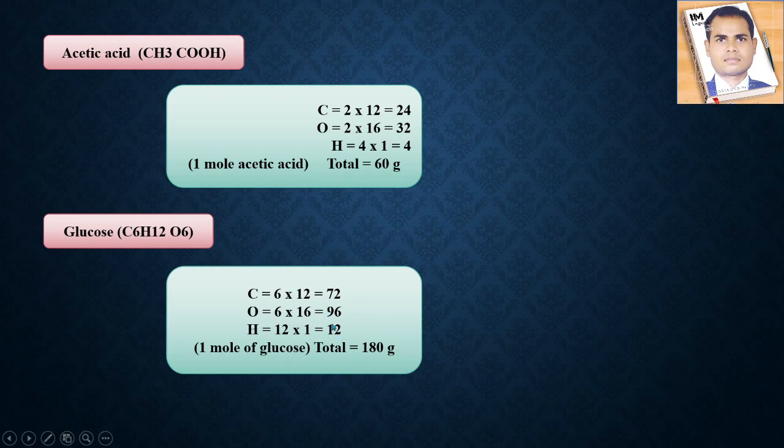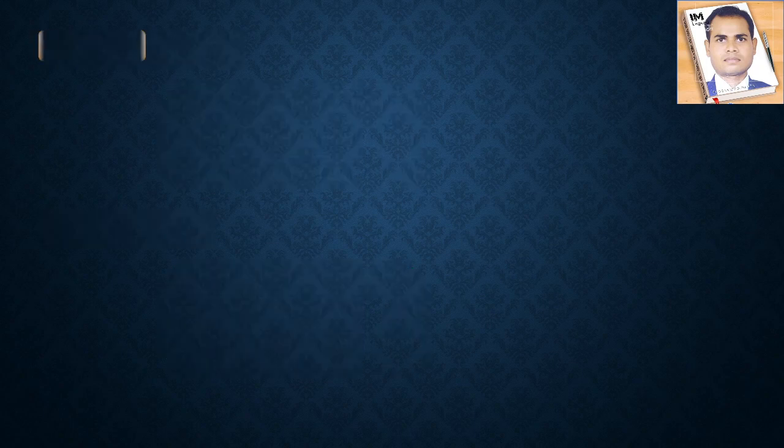Adding all these, 72 plus 96 plus 12 is equal to 180 gram. That is 1 mole of glucose. In this way you can calculate the molar mass of any chemical compound. We should know the atomic mass of the elements. Now see the next term, that is millimoles.